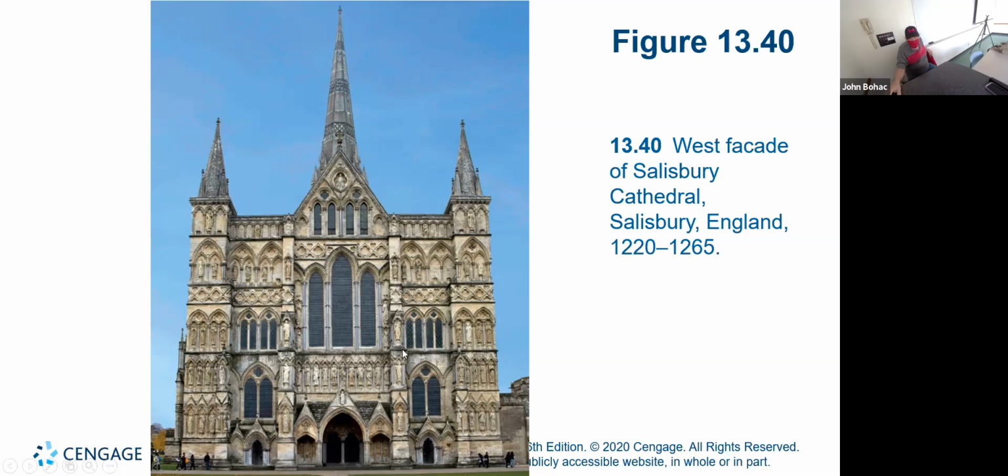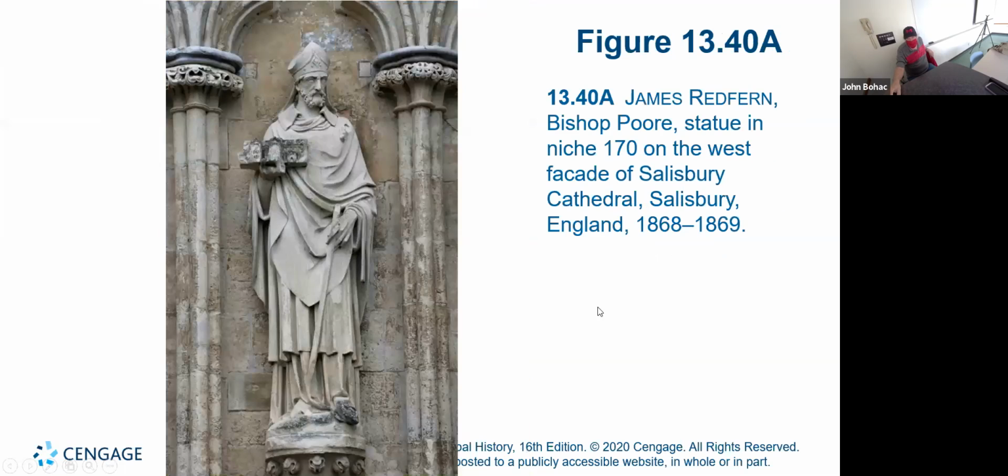And these are shutters, by the way. This has stained glass windows as well. And the steeples reaching up into the heavens. And again, here's an example of a niche statue from England.